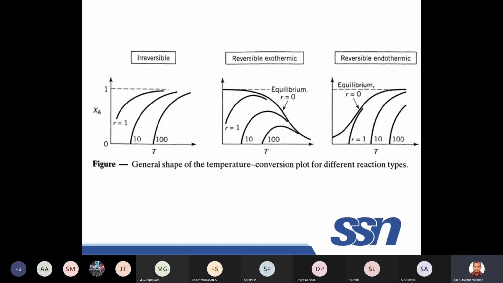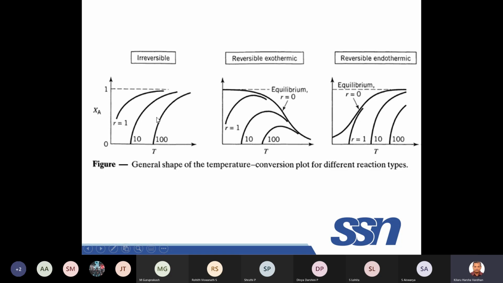There is no back reaction. So in an irreversible process, even if it is exothermic or endothermic, it is always better to keep your temperature at its highest. High temperature will give you high rate, and high rate will give you more conversion. Correct? From this graph.